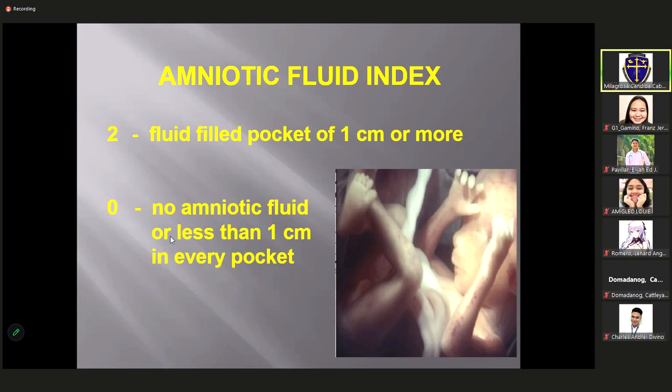Okay? So, the abdomen of the mother is divided into 4. Your imaginary line would be your linea nigra for the right and left, and the umbilicus for the upper and lower half.